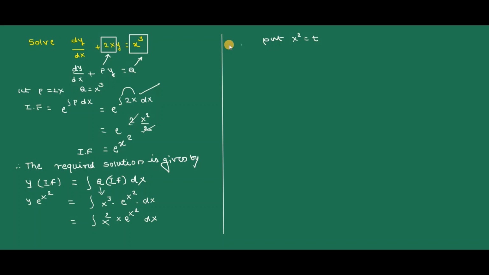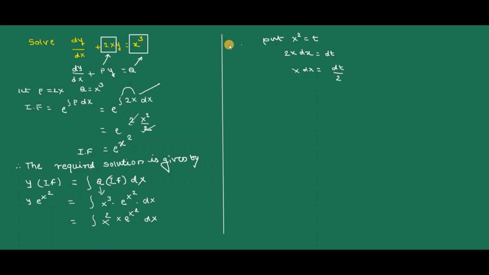If you substitute x square is equal to t, then what is the differentiation of x square? Differentiation of x square is 2x into dx is equal to dt, and therefore x into dx is equal to dt divided by 2. Substitute in the above equation.